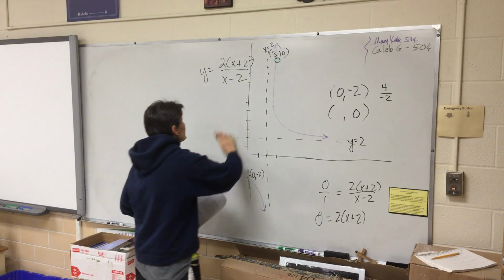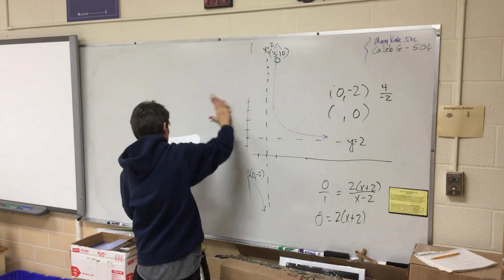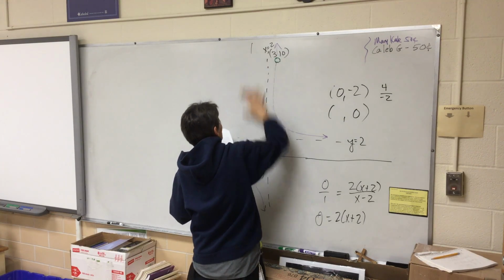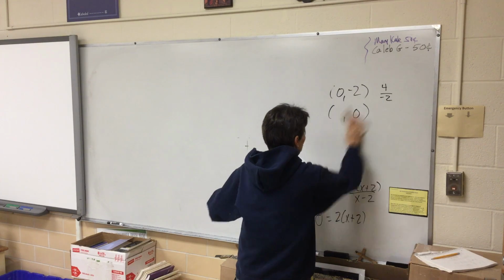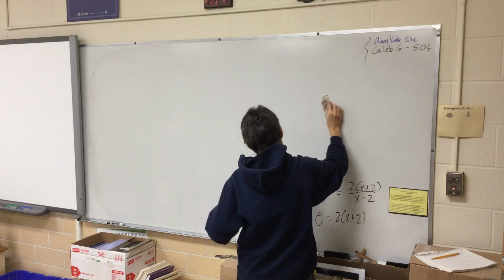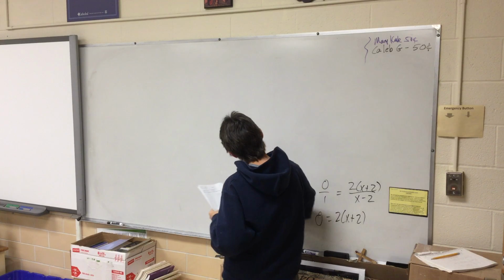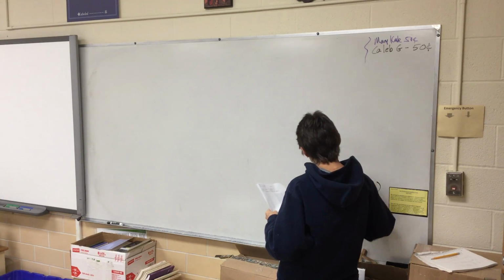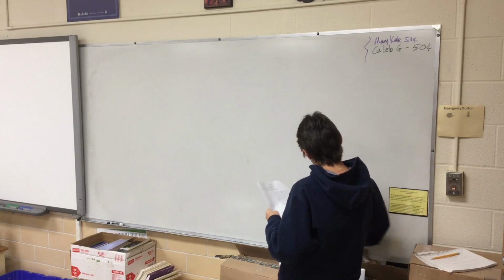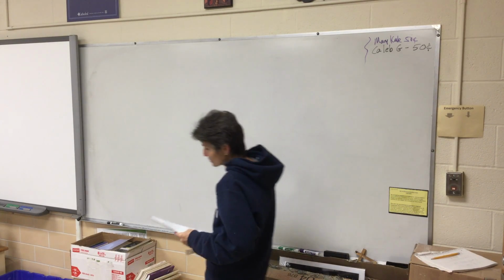All right, how did we start the problem? Factoring? Yep. And we're always going to factor because that is the only way that we will discover what? Any holes? Yep, that's right.